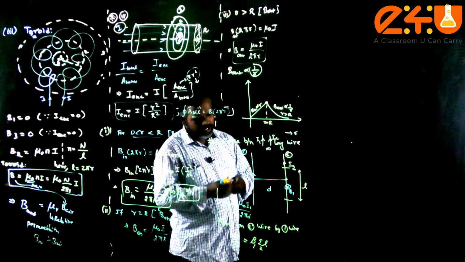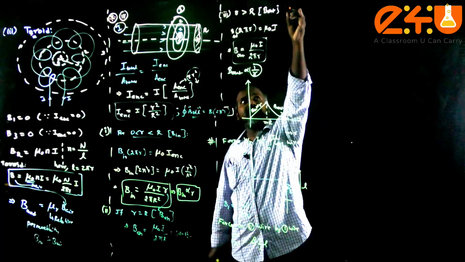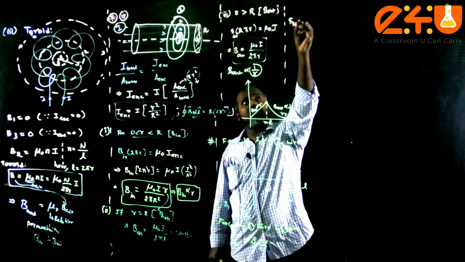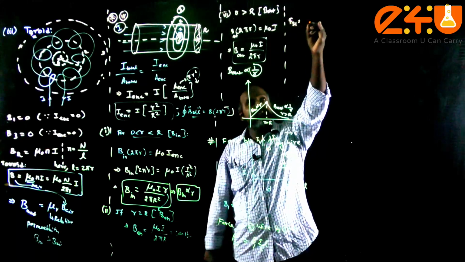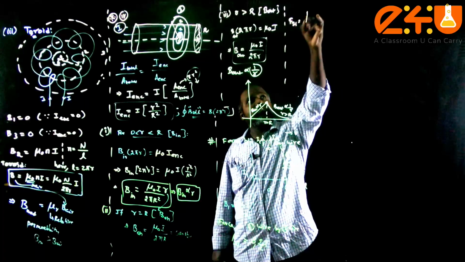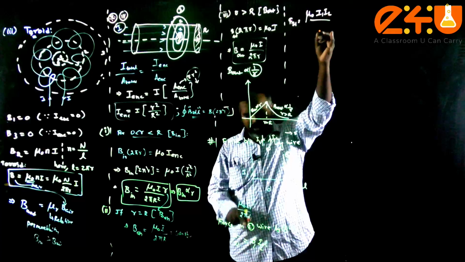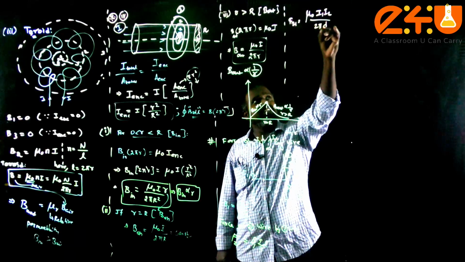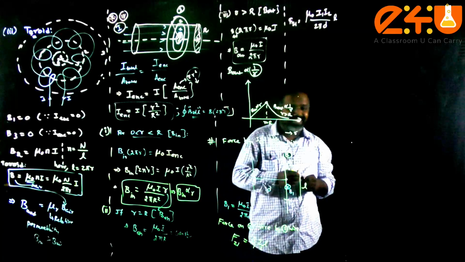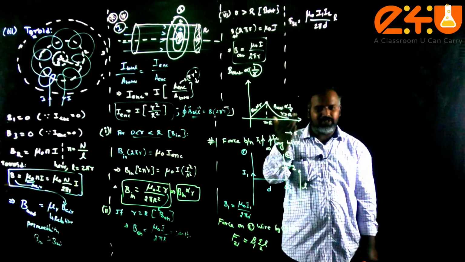Then you apply here, and we get F21 equal to B1 value, you just substitute: mu naught I1 I2 divided by 2 pi D, into L. Now you have to find out what is the direction of force F21, the force on the second wire due to the first wire.